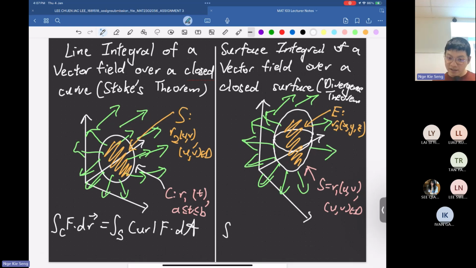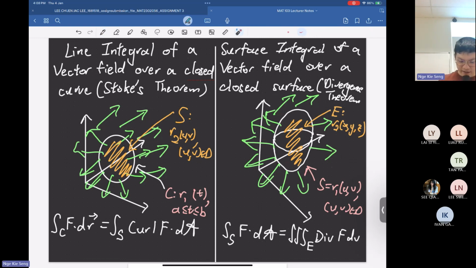We have a surface integral over a closed surface equal to the triple integral of the divergence of F dV. But actually, it doesn't make sense yet, right?